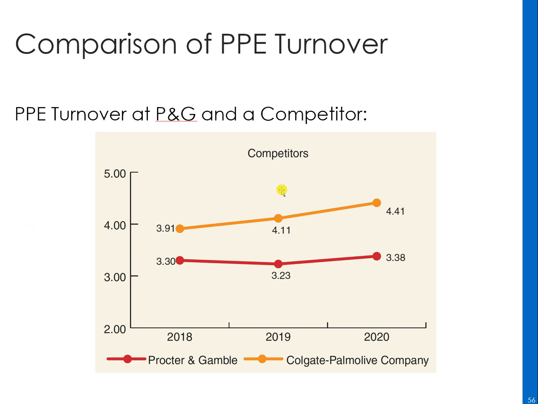Comparing these two companies, I would say it's obvious for this three-year period that Colgate is more efficient in using their PP assets, which is evident by their higher PP assets turnover, and this ratio is also increasing.